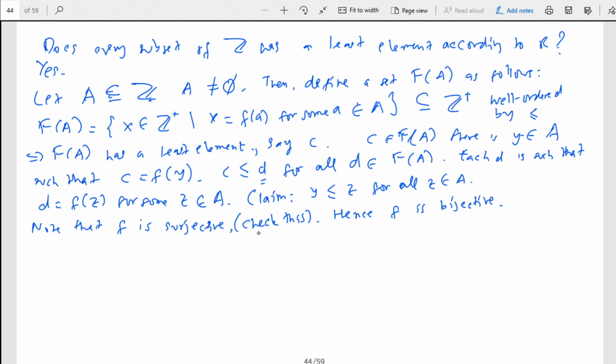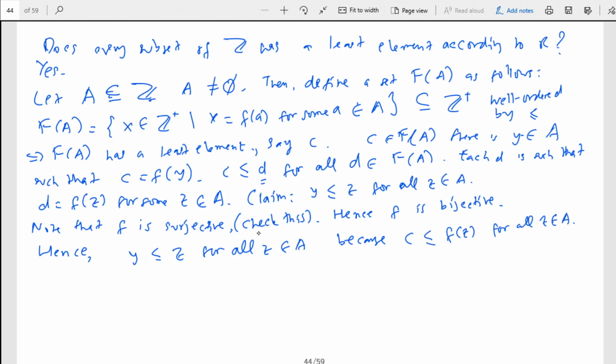Hence y is the least element, because c is less than or equal to f(c) for all c in A. So that's the answer for the example.